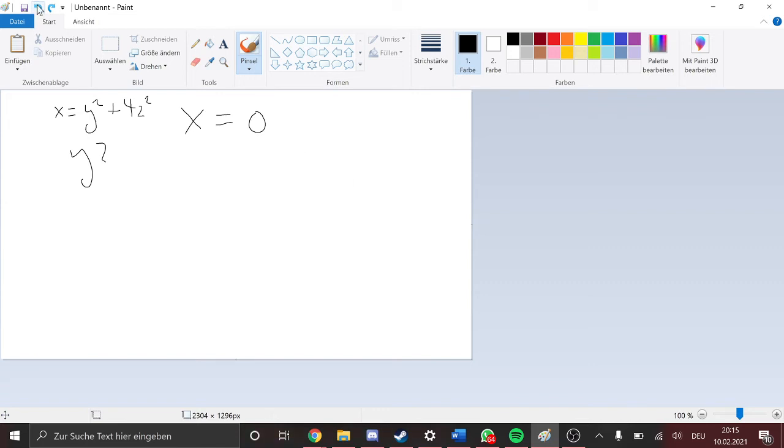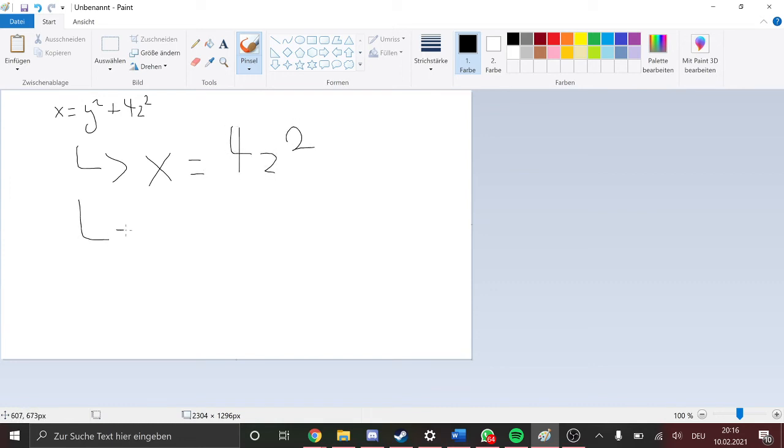Then to finalize, we need to find the trace in the xz plane. Whoops. This is done in similar fashion. First, we need to set our y equal to 0. This produces the equation x equals 4z squared.